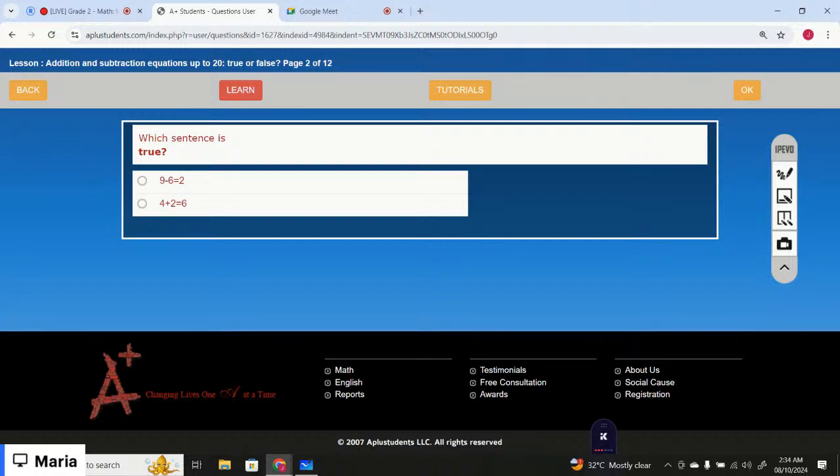No, this isn't the correct one. How? When you subtract 9 take away 6. This is not the correct option. Option number 2 is the correct option.